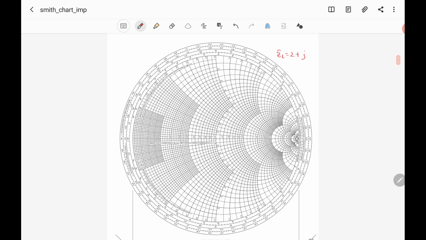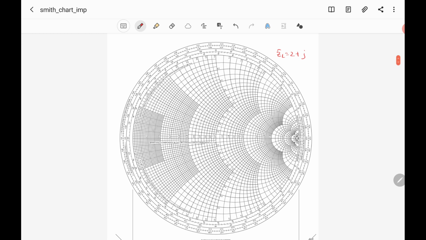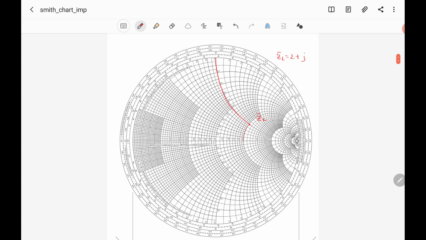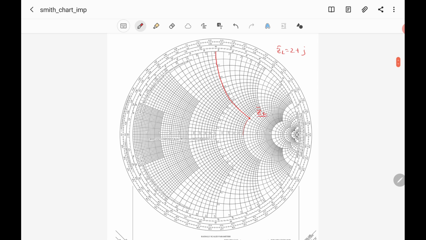So if you see that in the Smith chart, you have this point, 2, and this is plus j, right? So this point is normalized ZL. Because this Smith chart only has impedance, to convert ZL to YL, we should find the point which is opposite according to this origin, right?